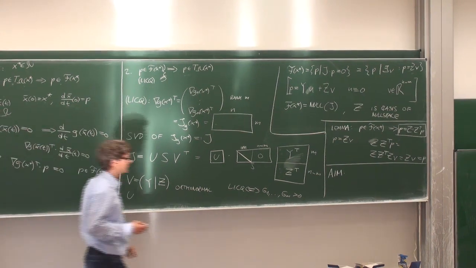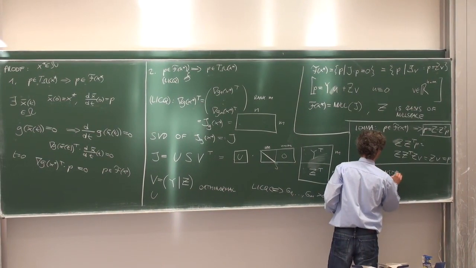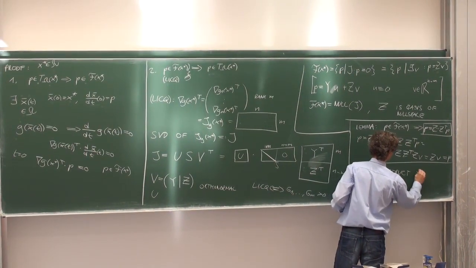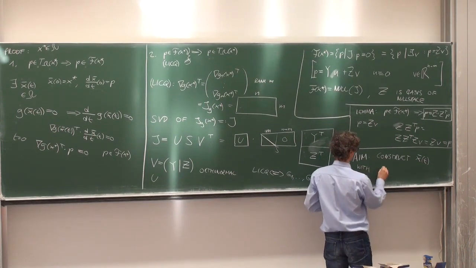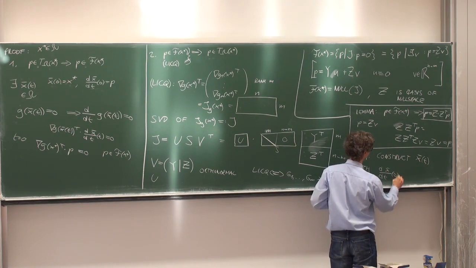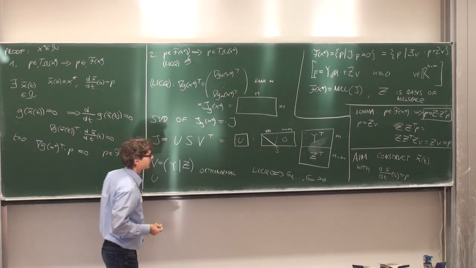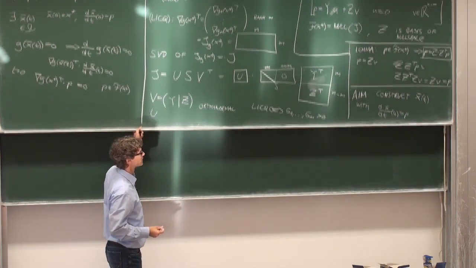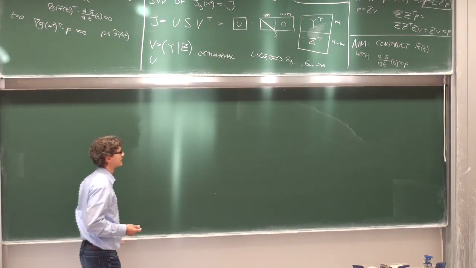And so what we want to construct is x bar of t with dx bar dt at 0 equal to p. That's what we want. And what I propose here is to construct this curve using an implicit function representation.